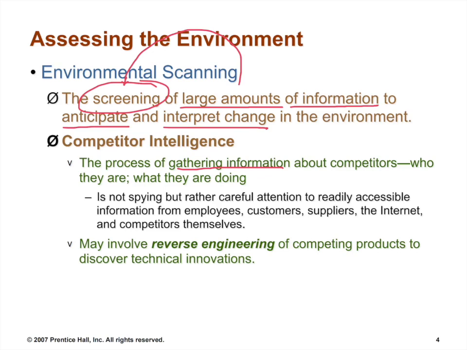So we have to know who they are and what they are doing. It is not spying, but rather careful attention. You know about intelligence, it is always talking about spying. But this is not spying.